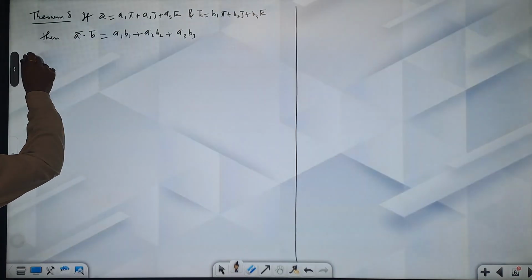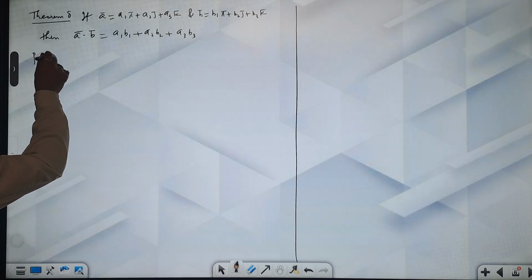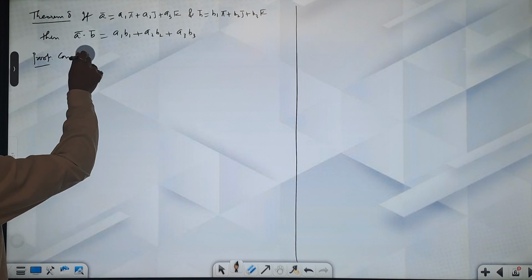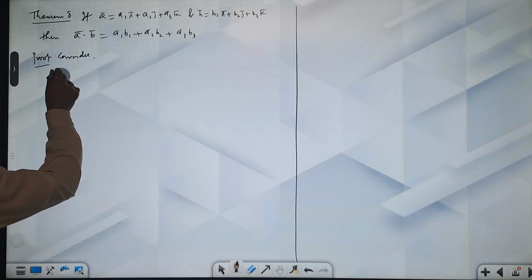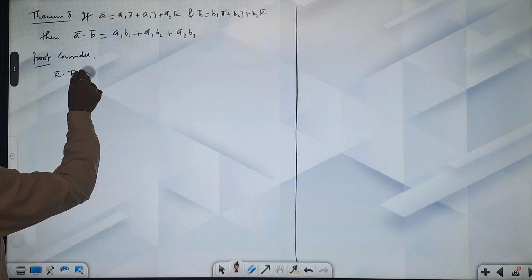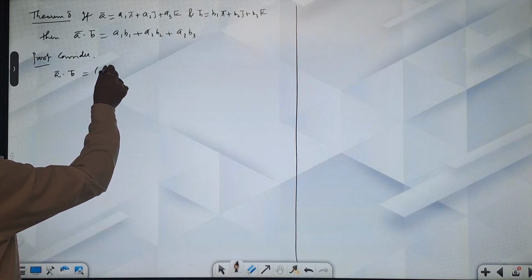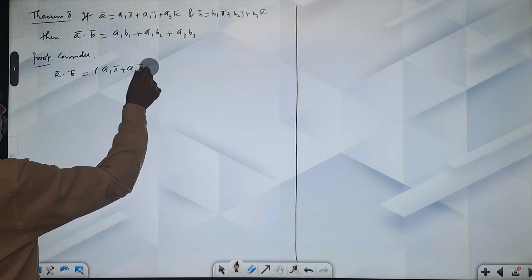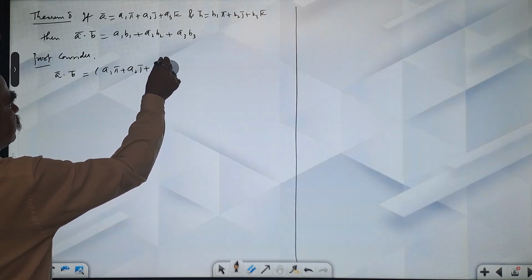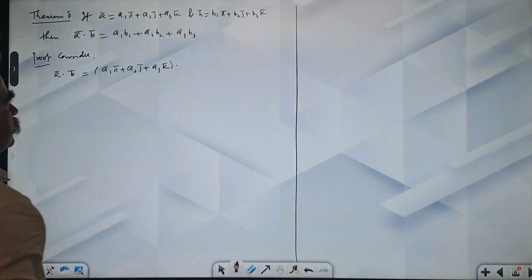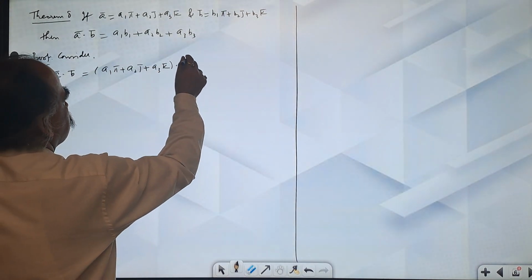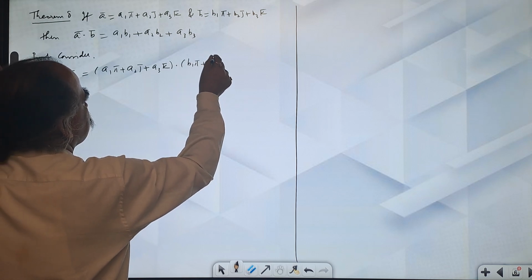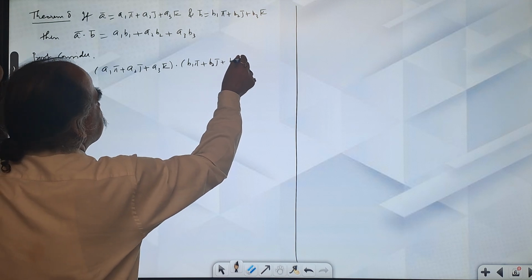See the proof. Consider A bar dot B bar, A1 i plus A2 j plus A3 k dot B bar, which is B1 i plus B2 j plus B3 k.